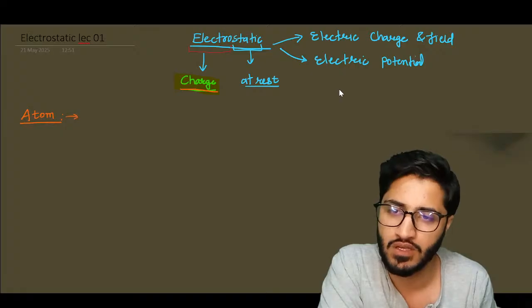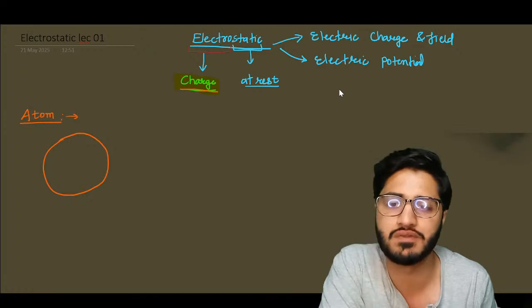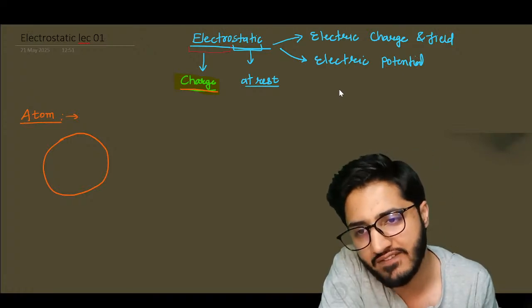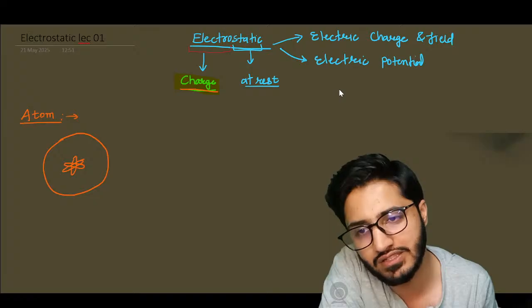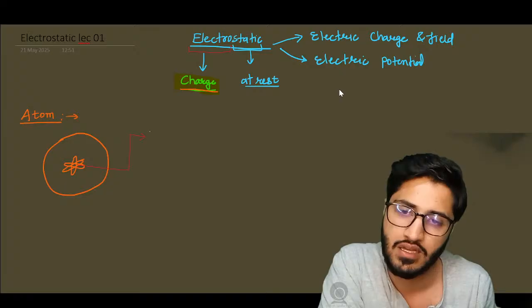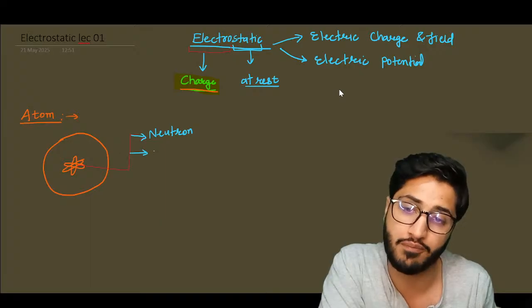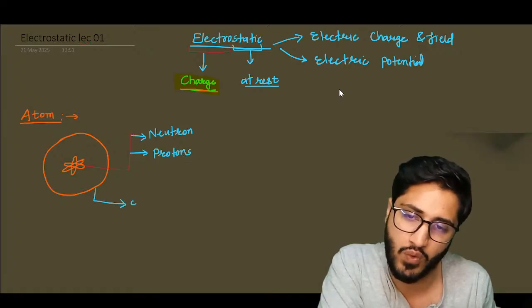We consider the atom as a spherical thing, which has a nucleus like this. Inside the nucleus we have neutrons and protons, and in the orbit we have electrons.